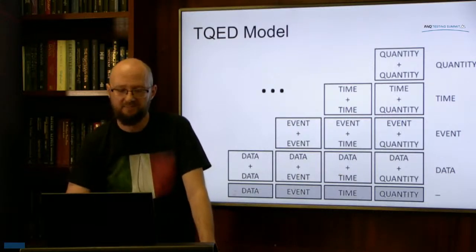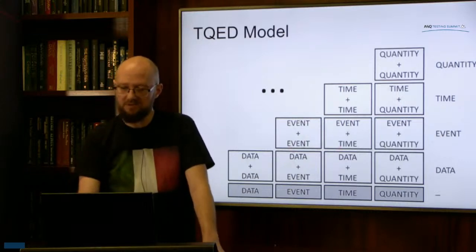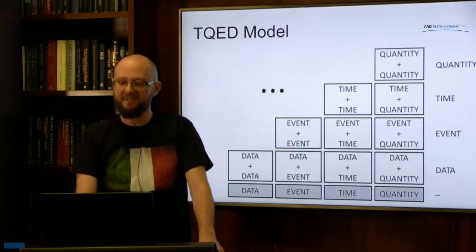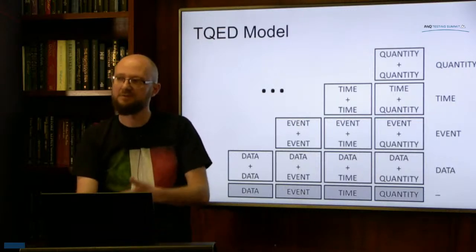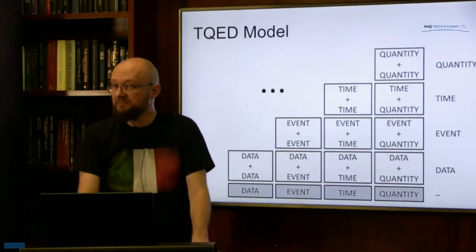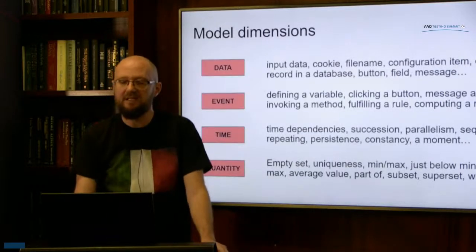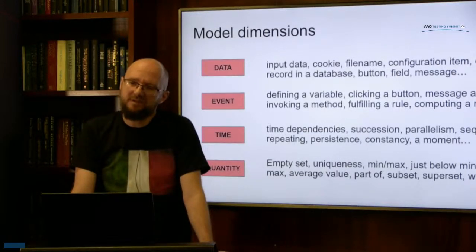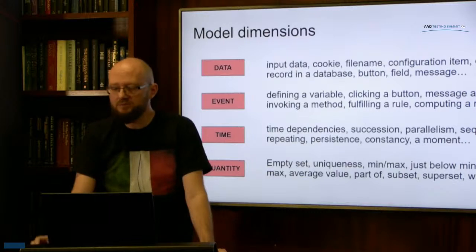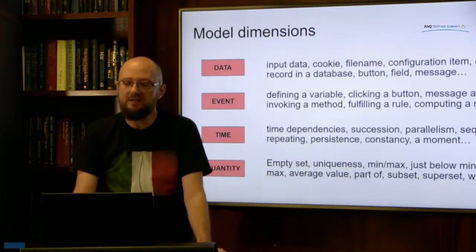So we have data plus data, we have data plus event, we have event plus event, and so on and so on. Now, what can we represent by these four characteristics? It depends on the tester and on the problem, of course. But in general, data will be considered as any object which is durable in time.